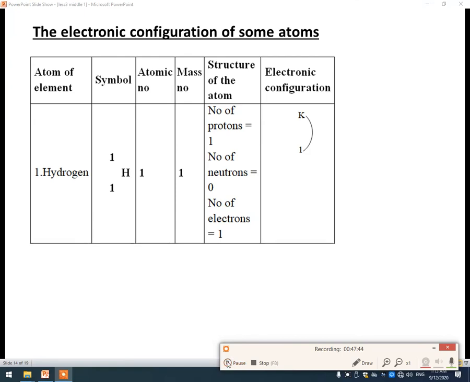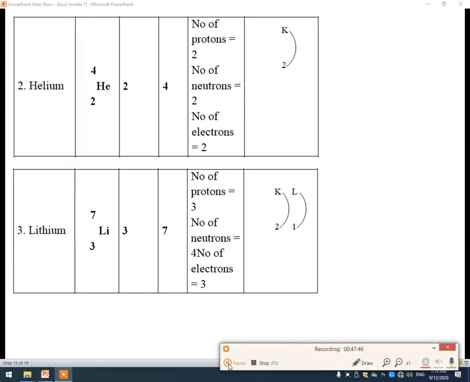And in the second example, we have helium. Okay, helium, its symbol He, I wrote it for you, 4, 2. 2 is the atomic number, 4 is the mass number. So how can we make the electronic configuration? We said to make the electronic configuration, we must draw the levels. First, we will draw the level as a big bracket.